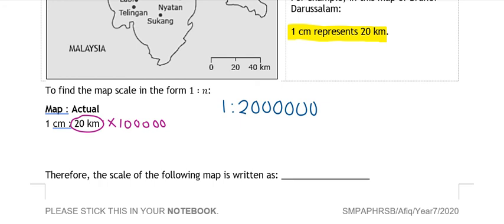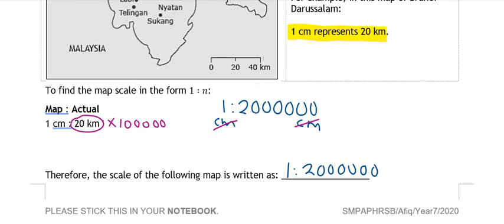So here this is 1 centimeter, and this is 2 million centimeters. Since they have the same unit, you can cancel the unit. Therefore, the scale of the following map is written as 1:2 million.